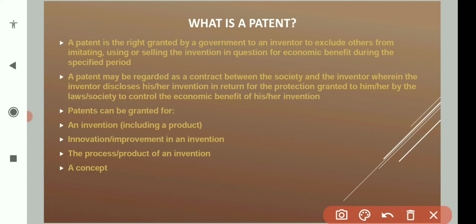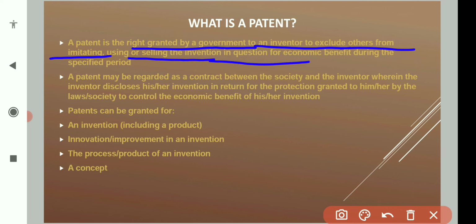A patent is a right which is granted by the government to an inventor to exclude others from imitating, using or selling the invention in question for economic benefits during the specified period.